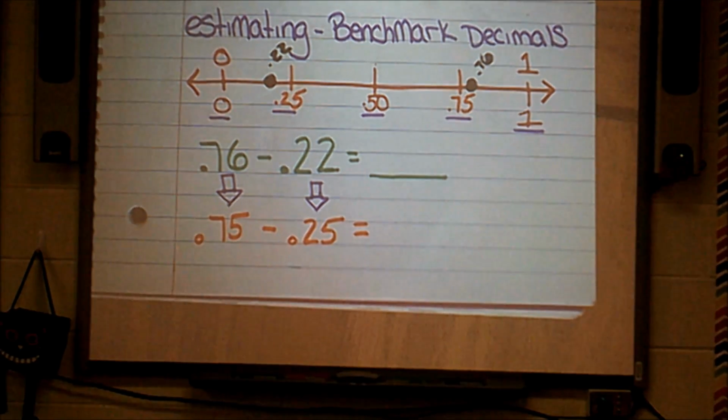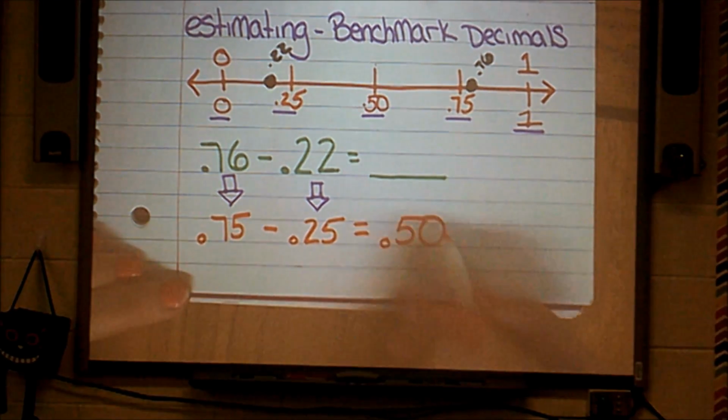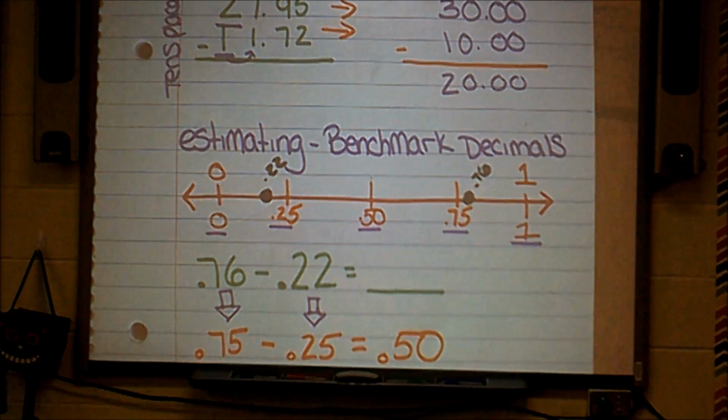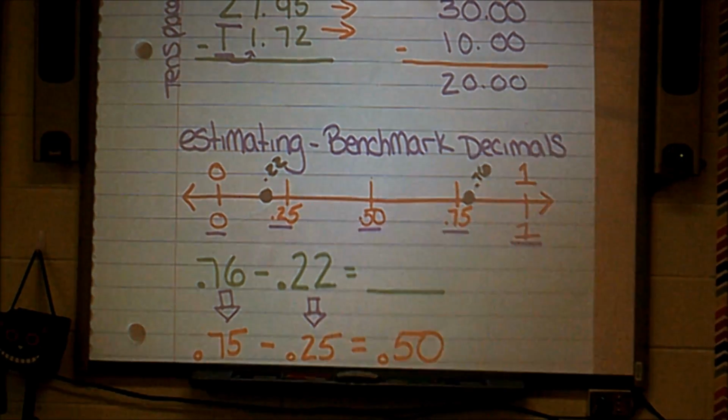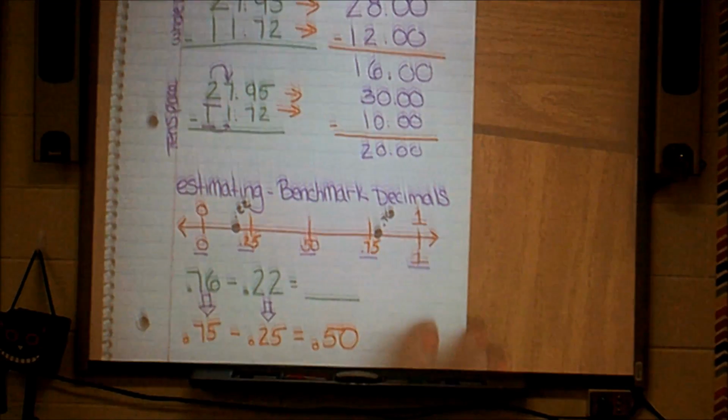So 75 hundredths minus 25 hundredths rounds to 50 hundredths. And that, my dear friends, is how we add and subtract with estimated decimals.